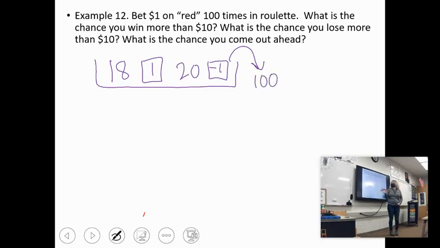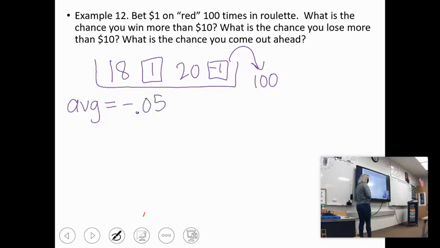Now we already know the average. Oh, you guys don't have it written down. It's on our quiz. Do you guys remember what the average was? Yeah, it was -0.05, right? And then the SD, do you guys remember what the SD was?